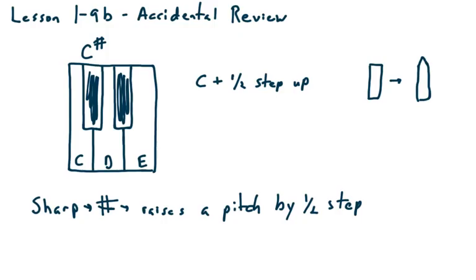All right, now, if I go down 1/2 step from D, D minus 1/2 step down, that's going to be D flat. C sharp and D flat.